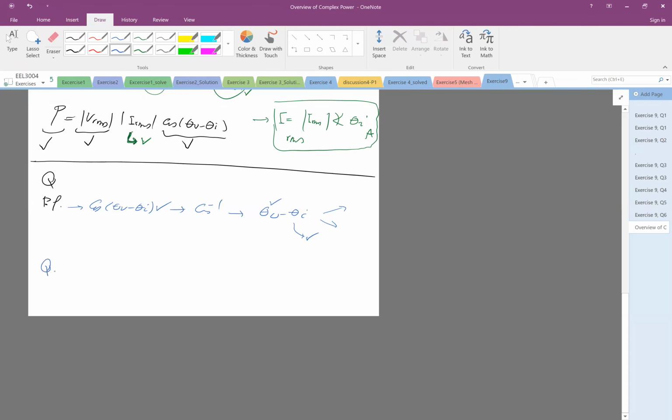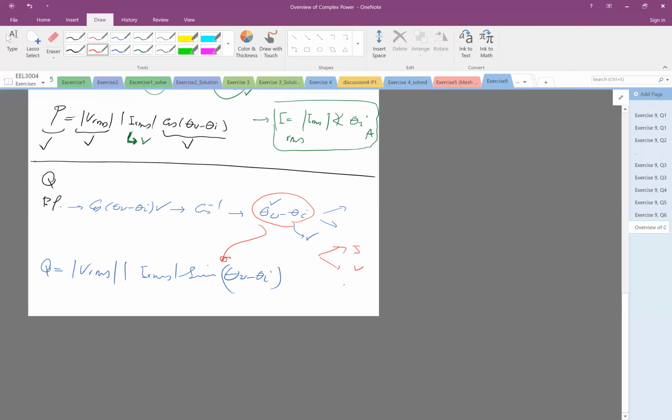And from the Q, again, we use this formula, V RMS magnitude, I RMS. Now here we have the sine of theta V minus theta I, but that's okay because I already have theta V minus theta I. Again, be careful about which one is leading, which one is lagging.